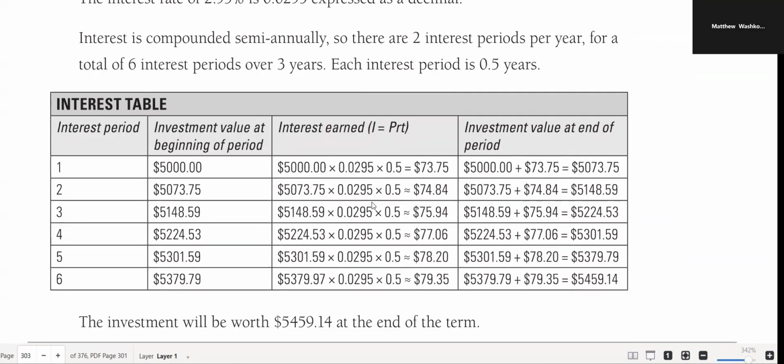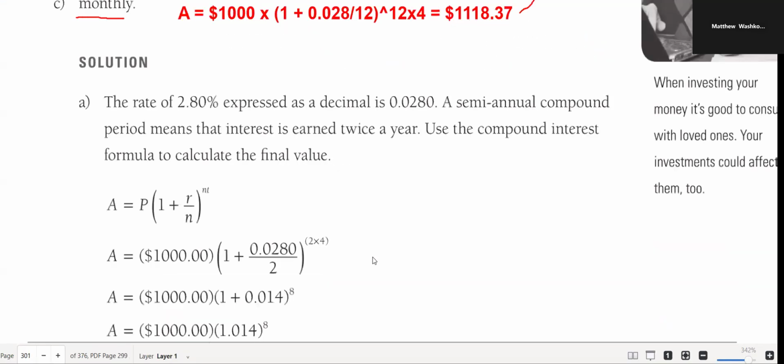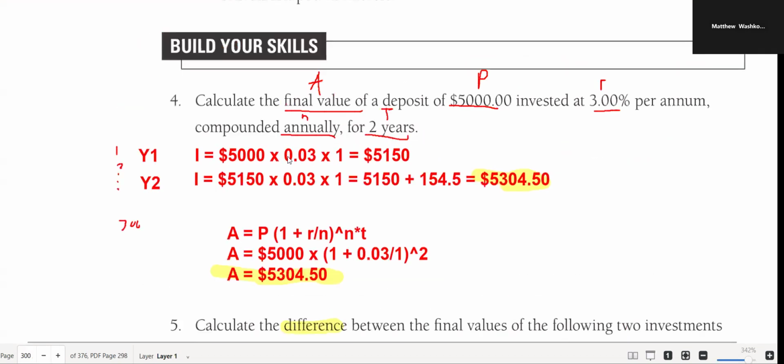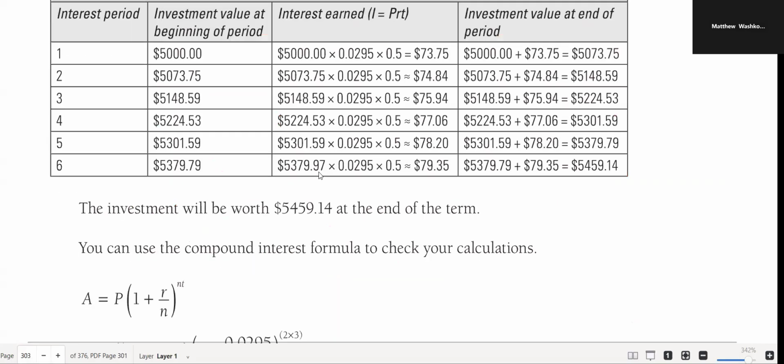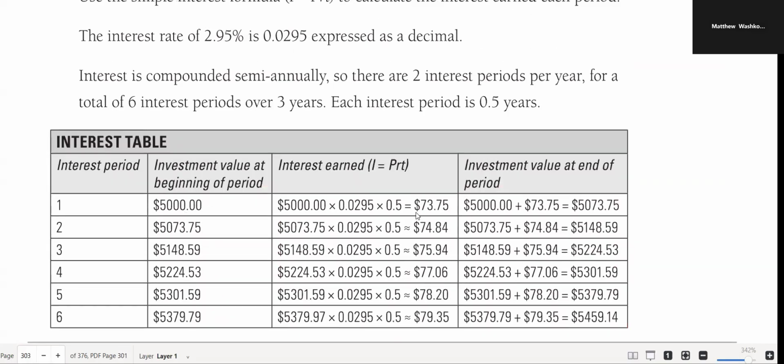So you can see this here. I'm not going to actually do it. This is what I did way up here, just a little bit deeper, right? $5,000. I got this much in interest. At the end of this investment, this is what it's worth. So now I'm calculating that now I have this as a principal. So you can see it's gaining a little bit more, right?